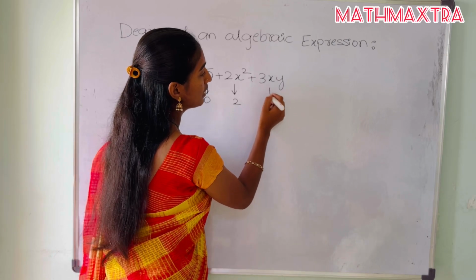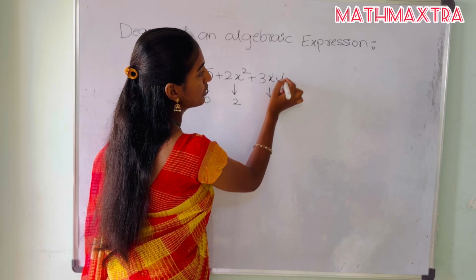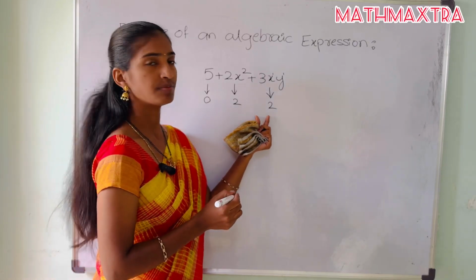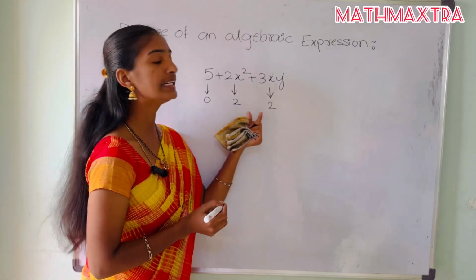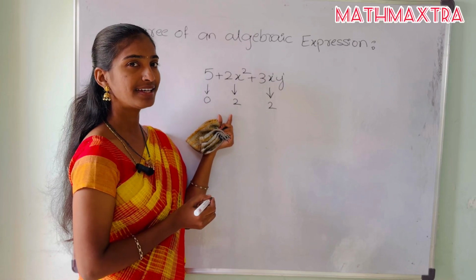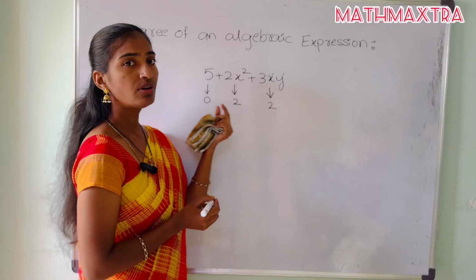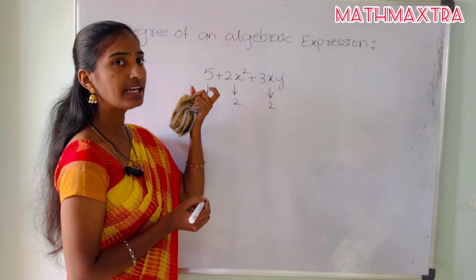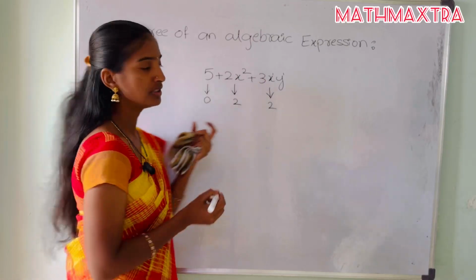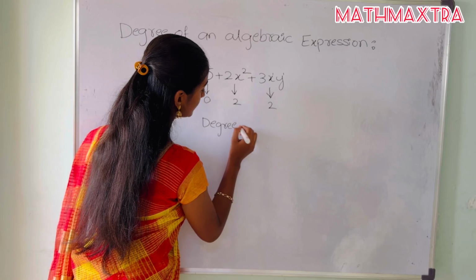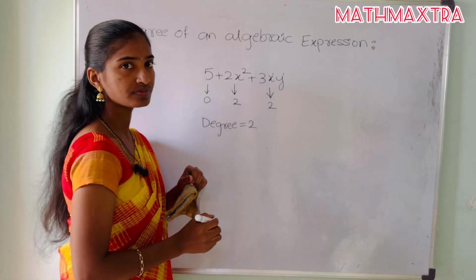What is the degree of 3xy? Sum of all the exponents, 1 plus 1, 2. Among all these, what is the highest degree? It is 2, right? The highest degree we call the degree of the total expression. So the degree of this expression is 2.